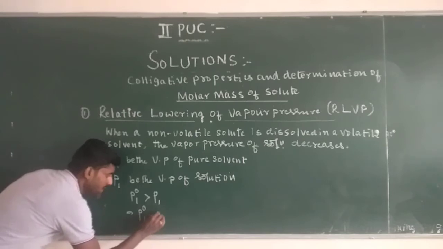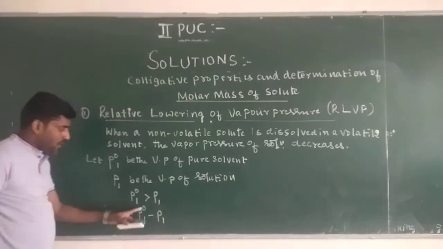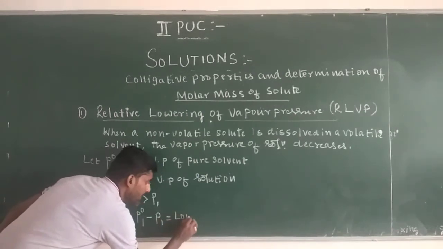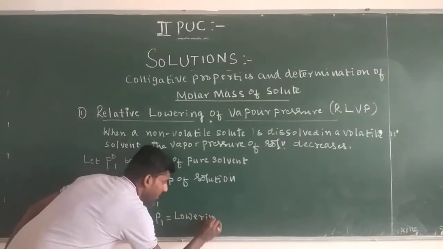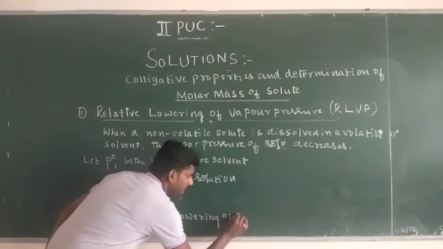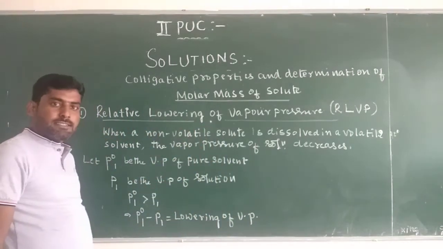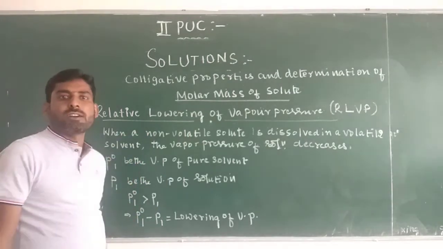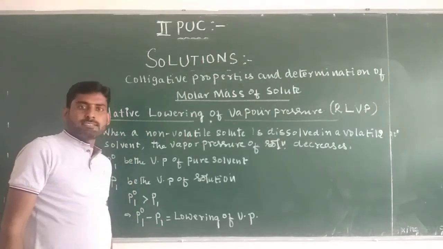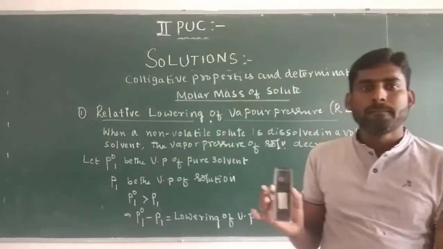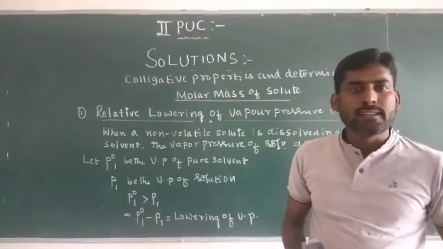P01 minus P1 is called the lowering of vapor pressure, because the vapor pressure of pure solvent is more. In the pure solvent only pure solvent molecules are present, so vapor pressure increases.